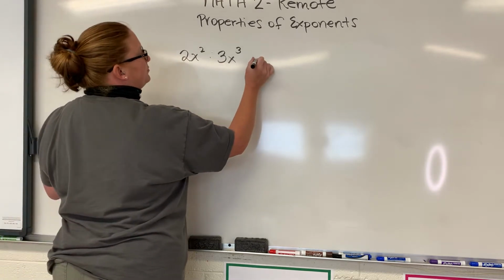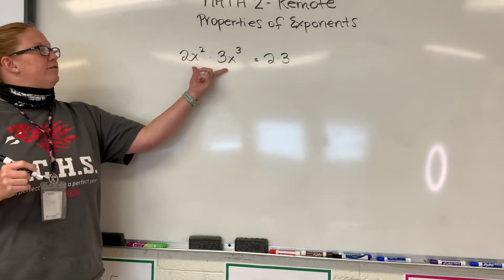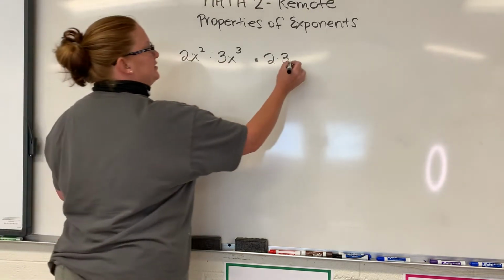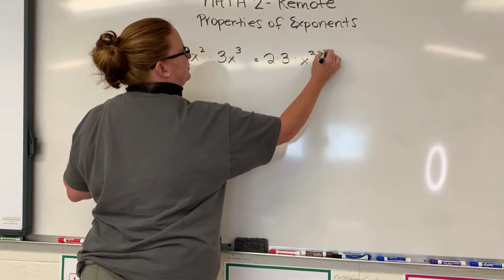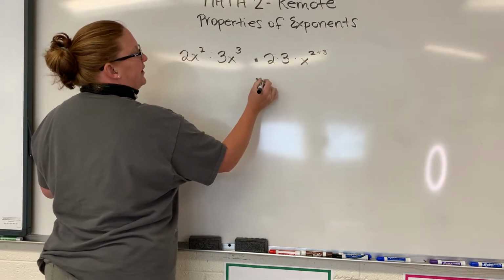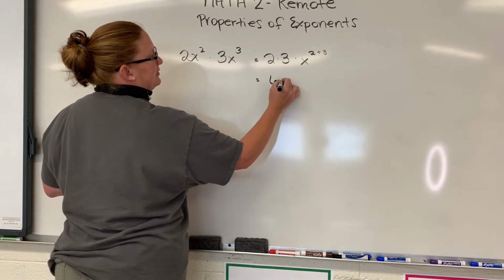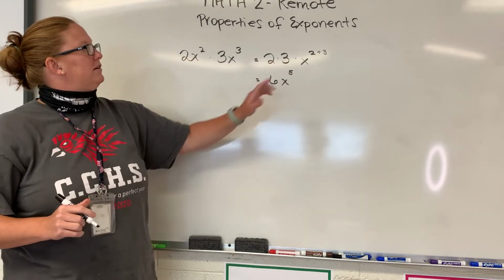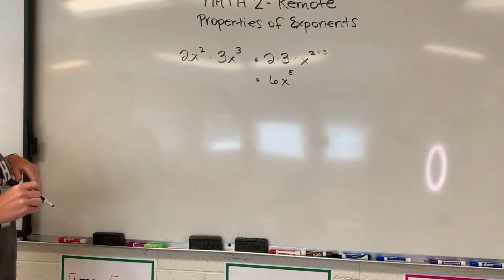Those just get multiplied like normal. Now if we have variables with the same base, x, we're going to take those exponents and add them. So we're going to have 2 plus 3. Our final answer for this expression is 6x to the 5th power, because we're multiplying our coefficients but adding our exponents.